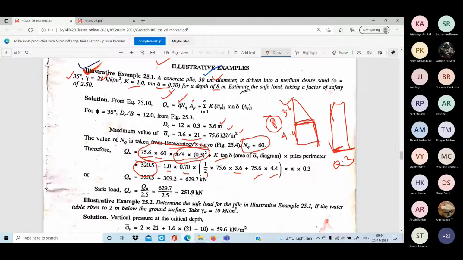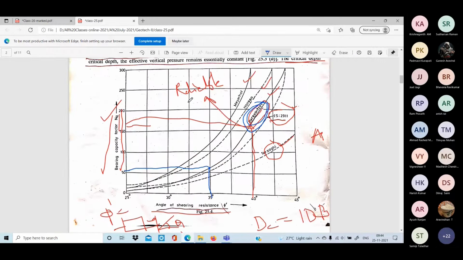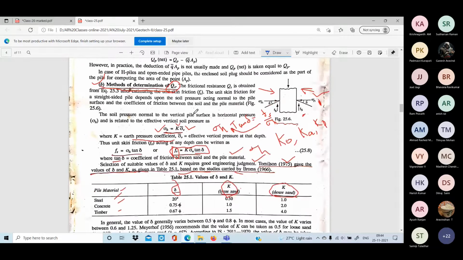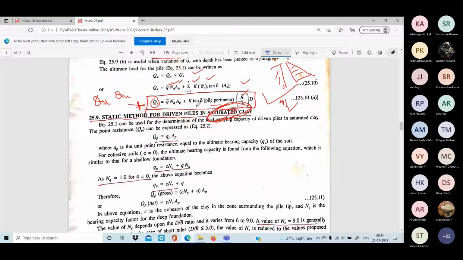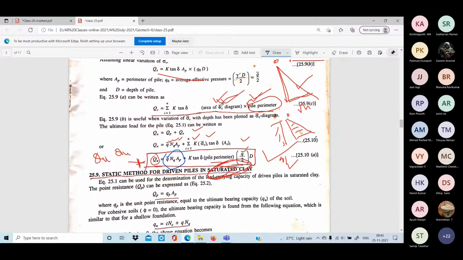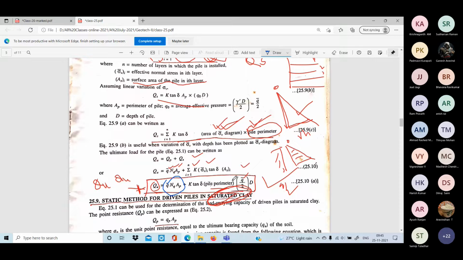Very simple. So this part, what you should remember, is that's what we have derived. That's what I said, how do you remember? At the end, this equation comes: this at the tip plus area of the stress diagram into perimeter. Pile diameter here is taken average.